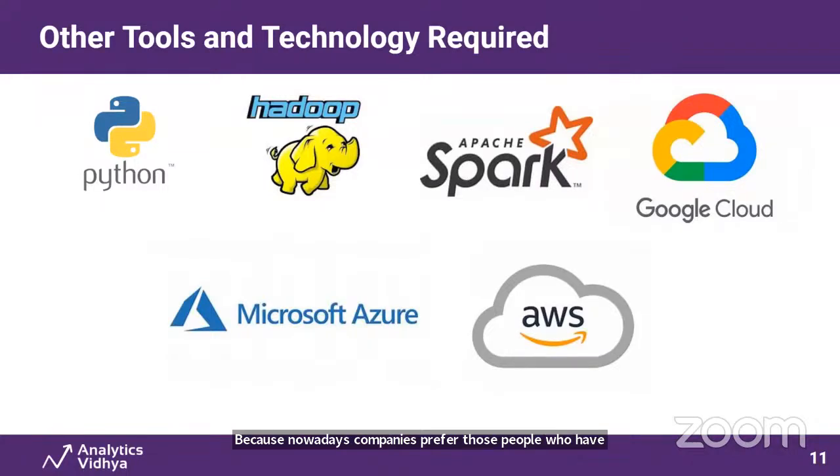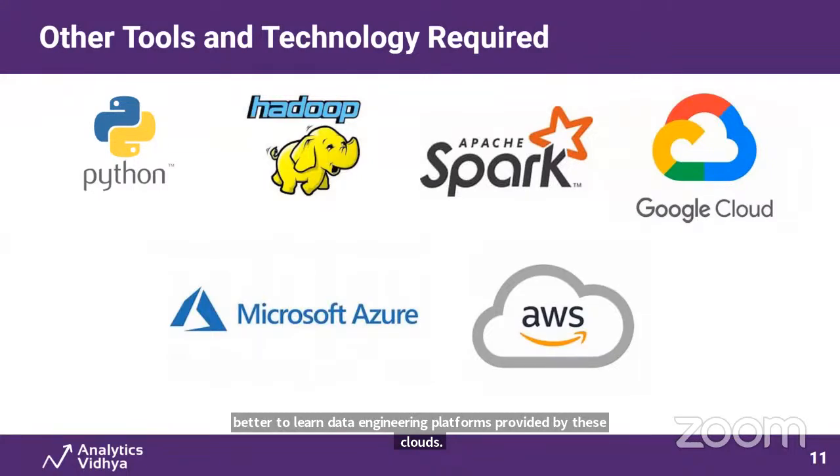So people who know how Google Cloud services work, how Microsoft Azure services work, how AWS services work. So it's better not to delay this. It's better to move into cloud early and quickly. So it's better to learn cloud fundamentals. It's better to learn data engineering platforms provided by these cloud service providers. So it's very easy and it's very, very important.